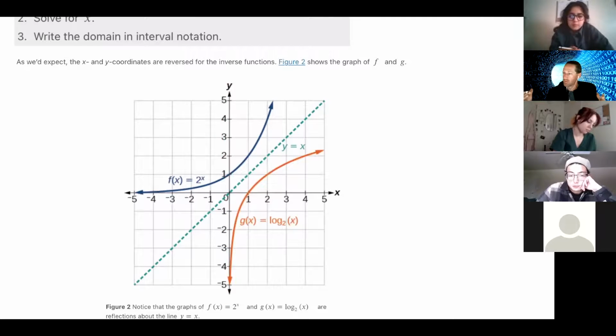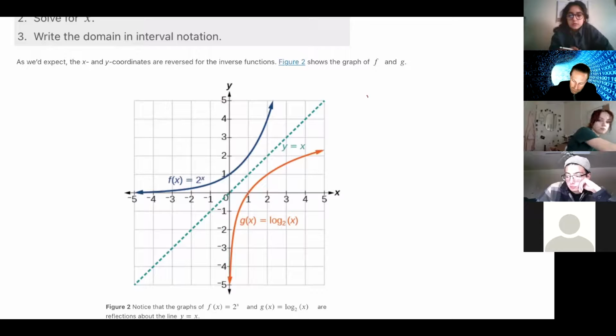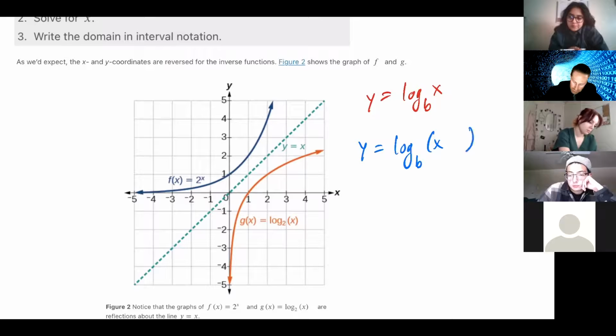It's that simple. Guess what we're going to do to these now? That orange one. And guess what we're going to shift by, everyone? H and K?